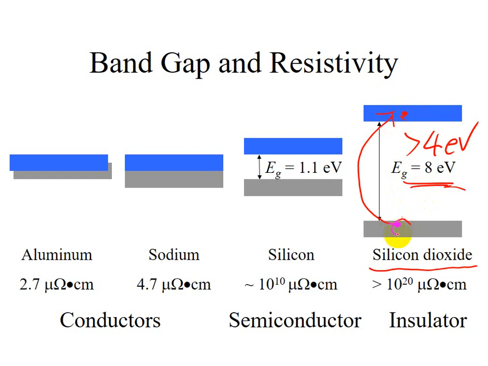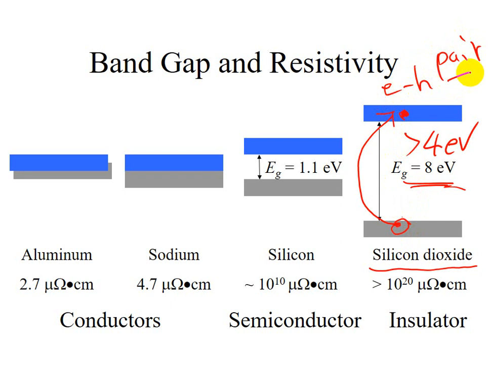creating an electron and hole pair. When an electron jumps from valence band to conducting band, the electron becomes mobile at the conducting band and leaves behind a hole, so we call this an electron hole pair.